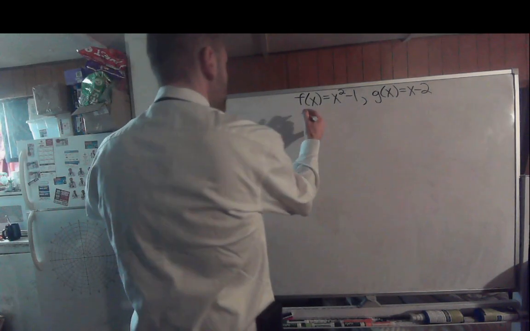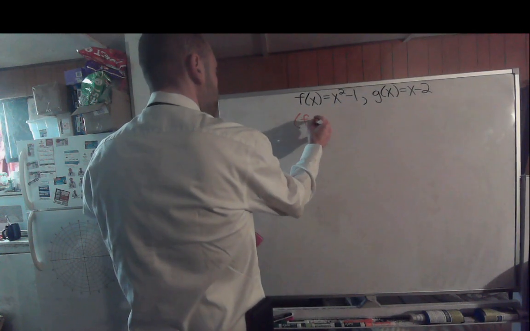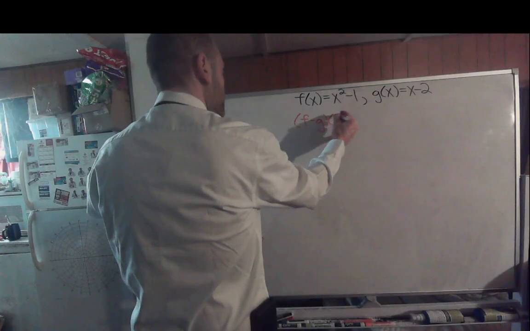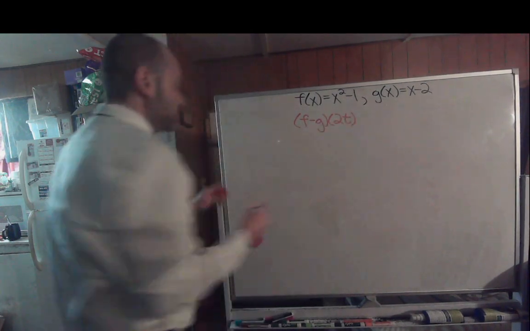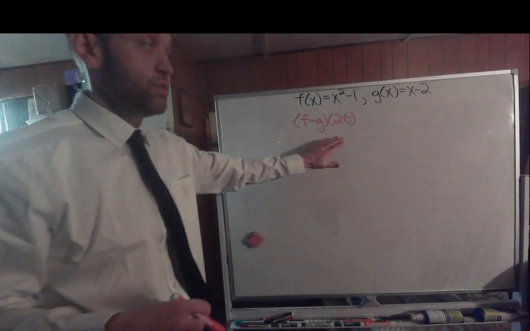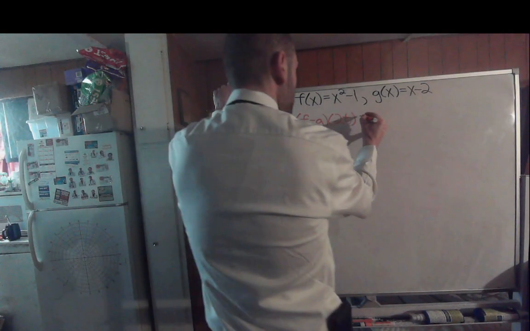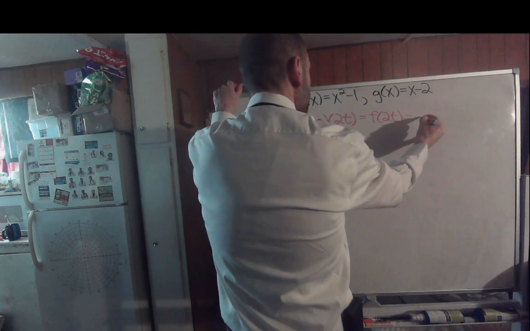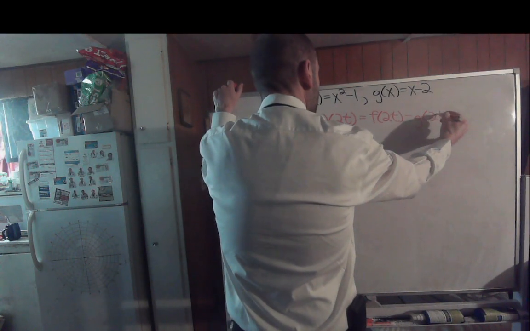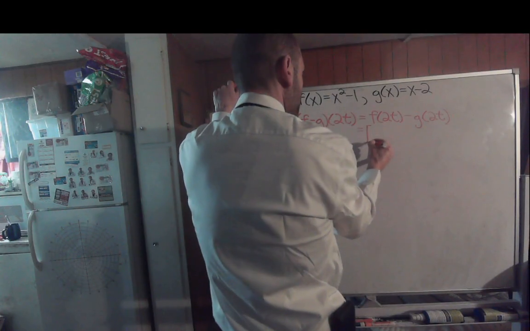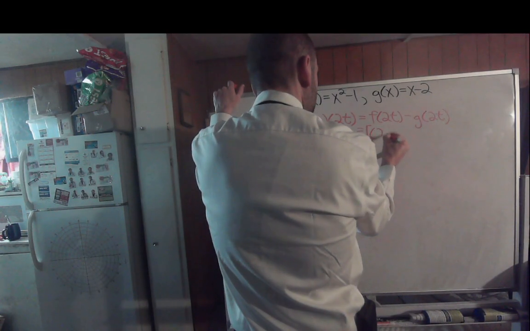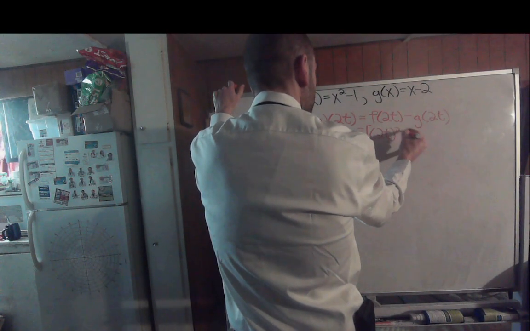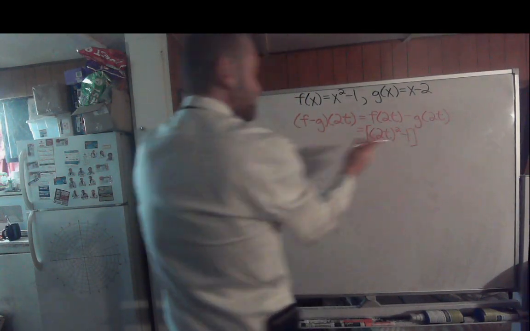So for example, let's do f minus g of 2t. Well, this is going to be the same as f of 2t minus g of 2t. Now for each function, I'm going to set up brackets and put in 2t for my x values. So that would give me 2t to the second power minus 1 for the f of 2t, minus another bracket.